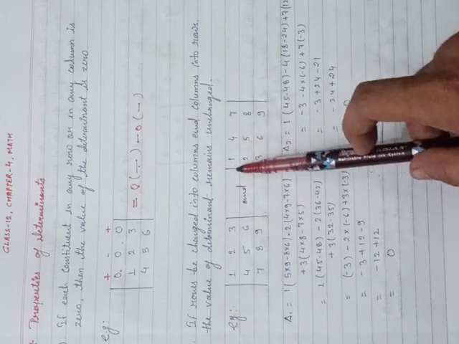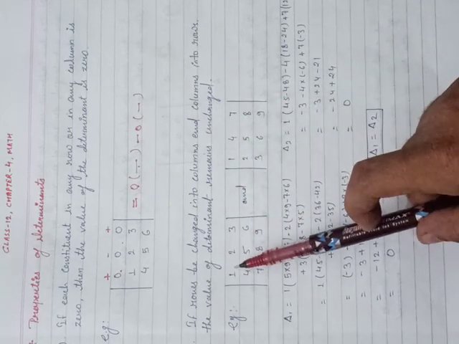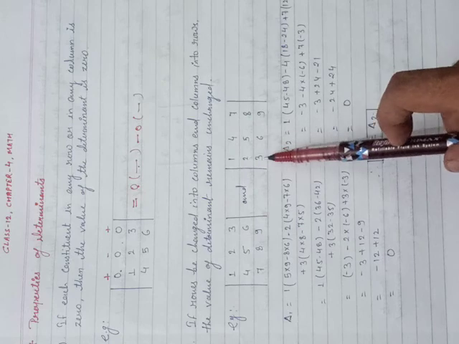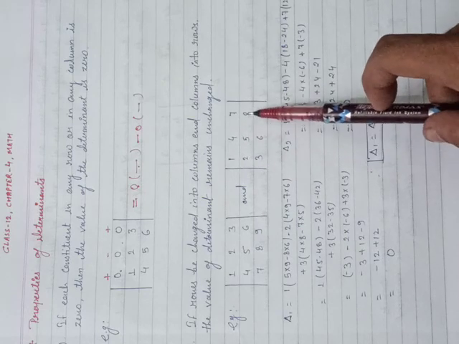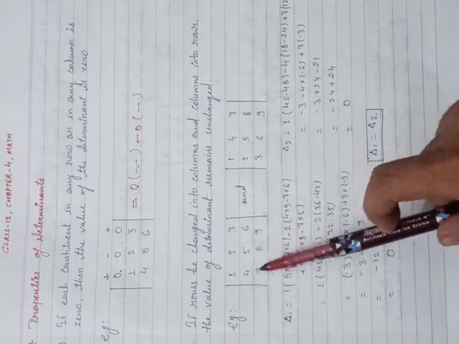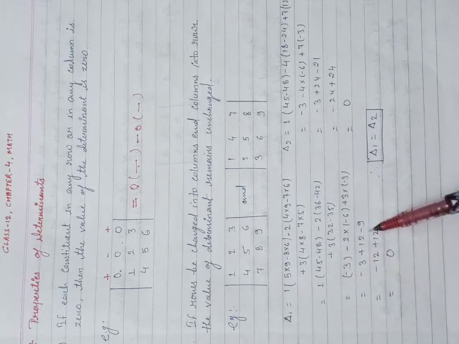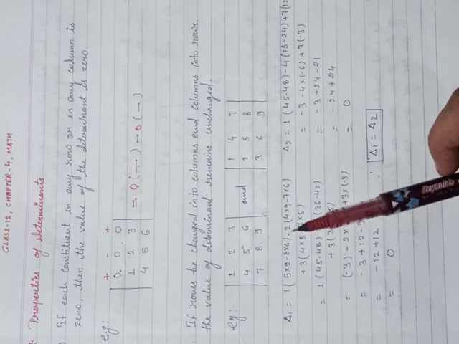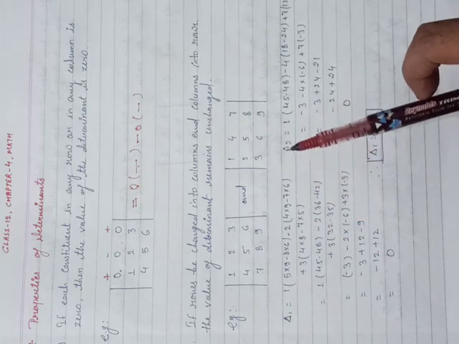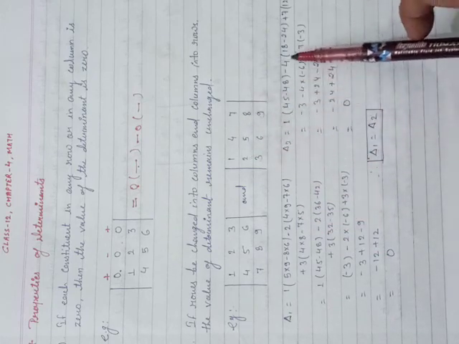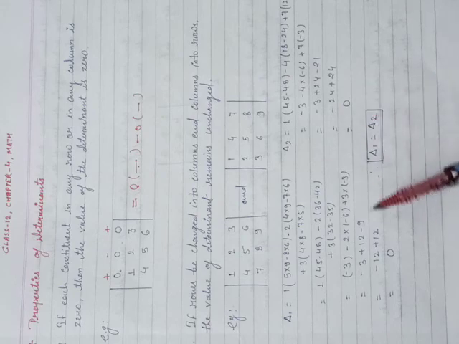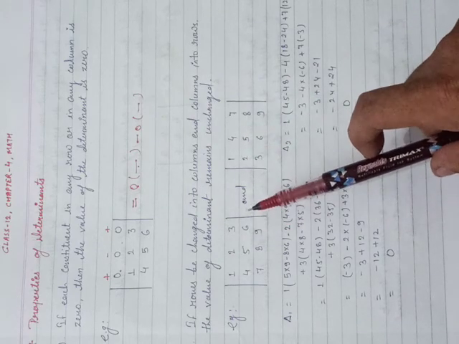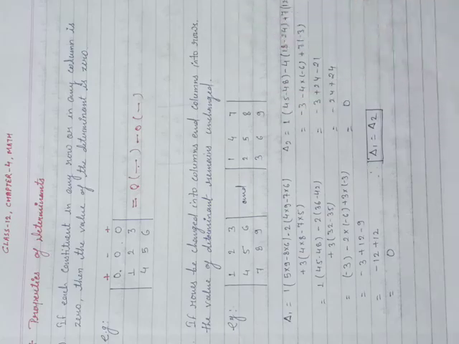In this second determinant I have changed rows into columns: 1 2 3, 4 5 6 and 7 8 9. On solving this I am getting the determinant equal to 0. I think you are very familiar with how to solve a determinant, so you can try. And in this also, when I solve, I get 0. So del 1 is equal to del 2 when I interchange rows with columns.